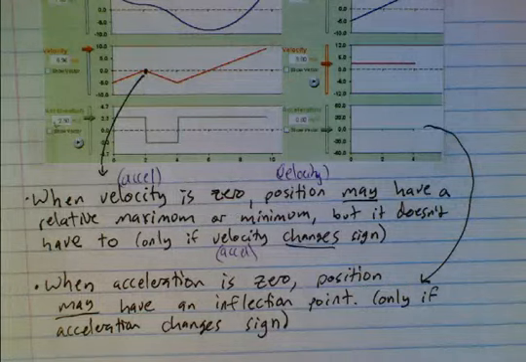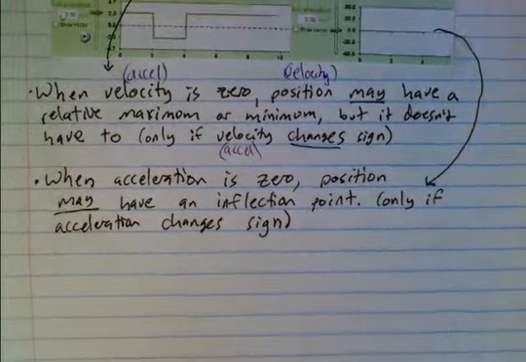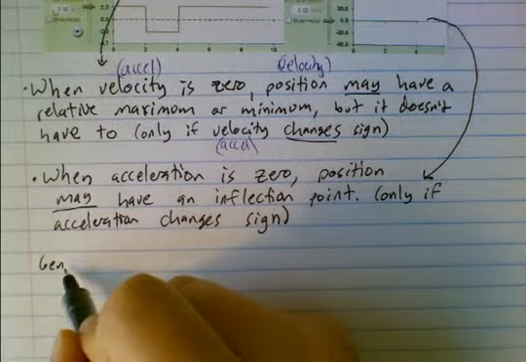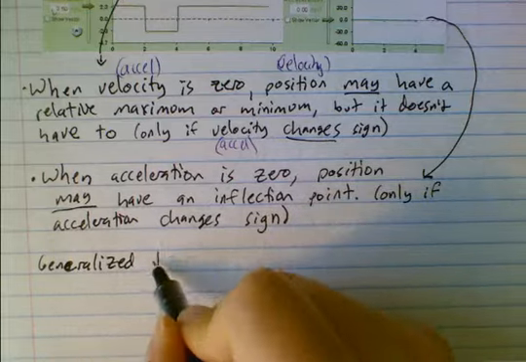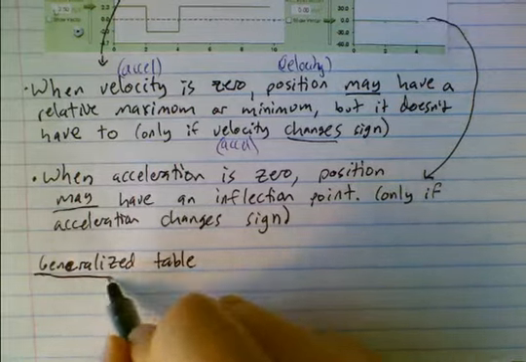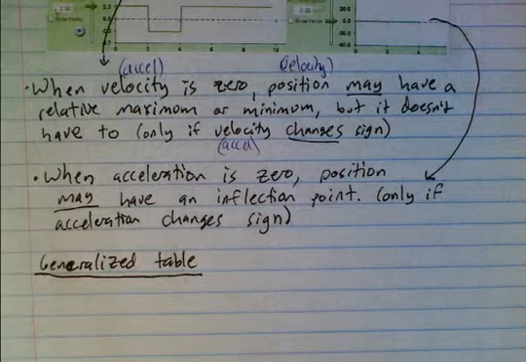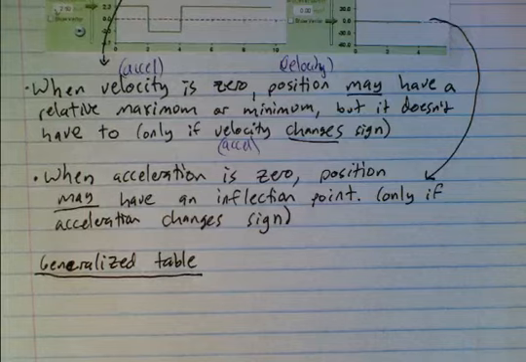So now that we've looked at these relationships in the real world, it's really important to memorize a generalized table for the relationship between functions and their derivatives. And what this really is, it's a translation dictionary to translate from f to f prime and so on, just like we would translate English to Spanish or any other language.